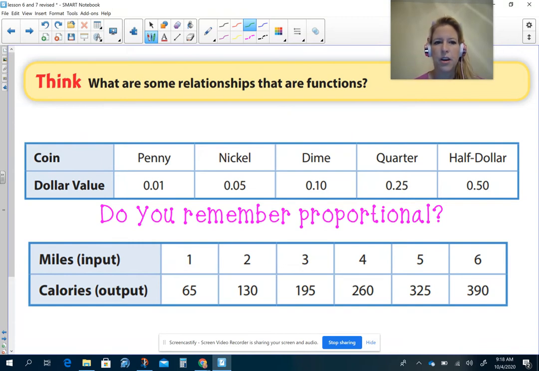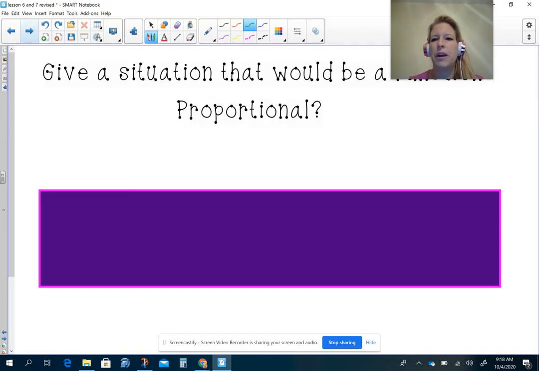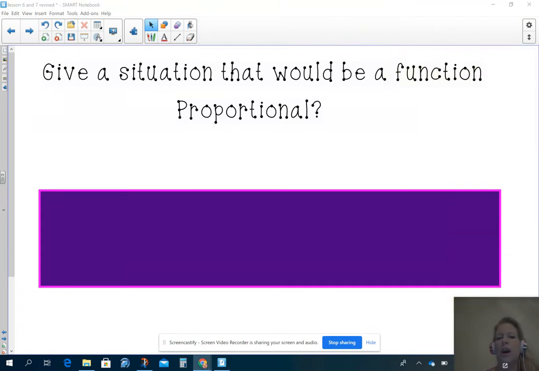Okay, all right, so what I want you to do now is give a situation that would be a function and it's proportional. I want you to think about this because we're going to need this knowledge as we dive into Unit 2.